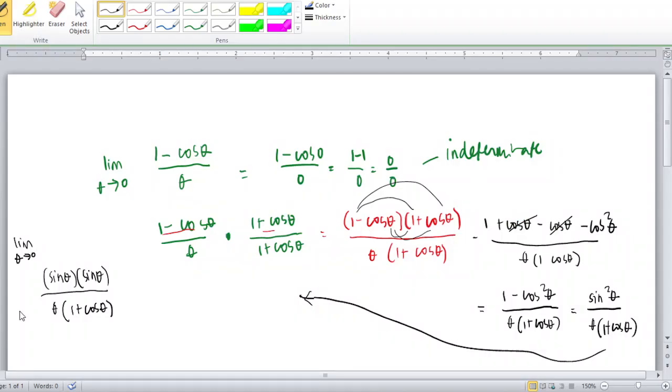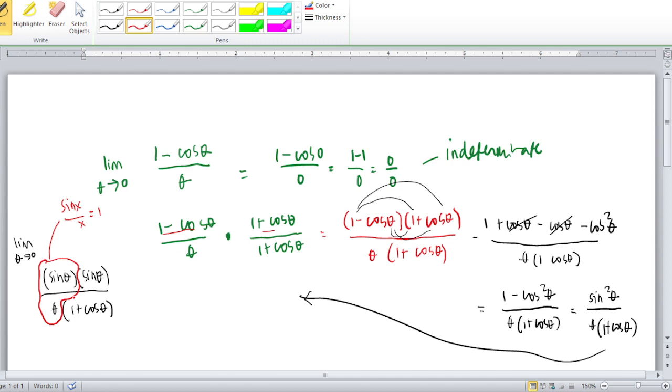Eh ngayon, kung nakikita nyo dito, meron ba tayong ganyan? Sin x over x? Yes, meron tayo class. Pero in the form of theta naman siya. Ito, sin theta over theta. This is tantamount to sin x over x. So, this is equal to 1. Right?